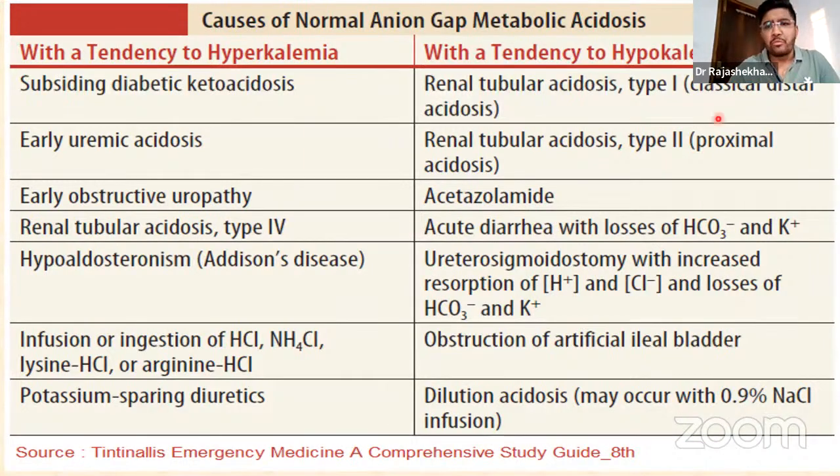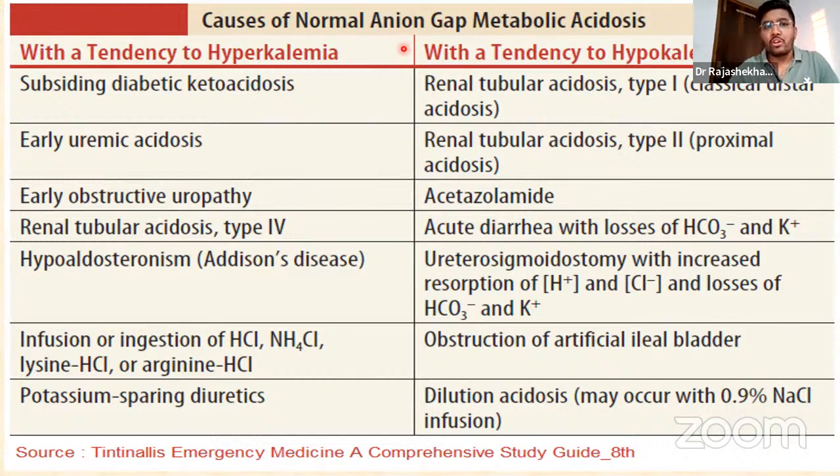It is usually either type 1 or type 2 RTA, or acetazolamide toxicity, or acute severe diarrhea where there is a loss of bicarbonate and potassium both, or obstruction of an artificial ileal bladder, or a dilution acidosis where we are giving a lot of 0.9% NaCl infusion. The patient is usually expected to have hypokalemia with normal anion gap metabolic acidosis.